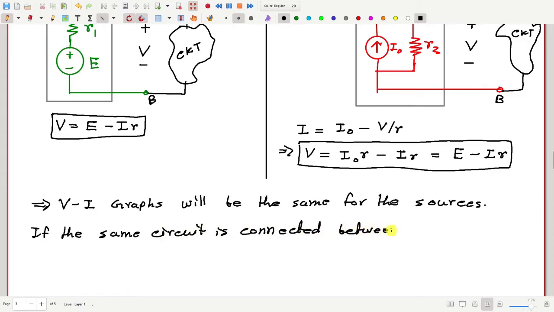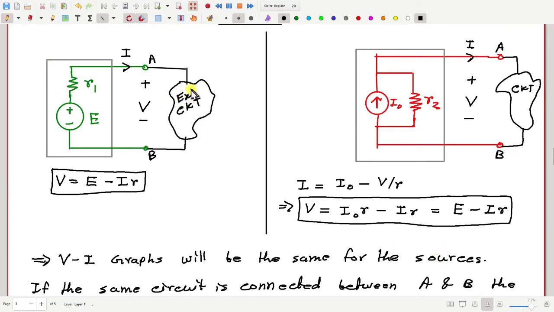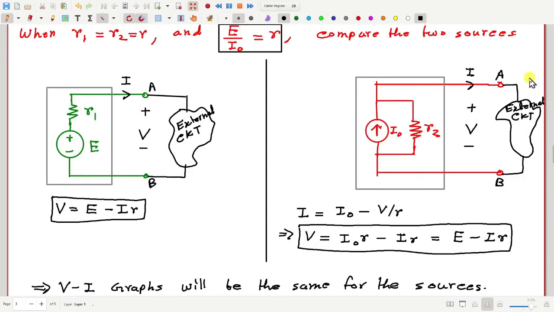So in this external circuit, nothing will change, no matter whether this external circuit is connected to this voltage source or to this current source. Therefore, we call these two sources as being equivalent.